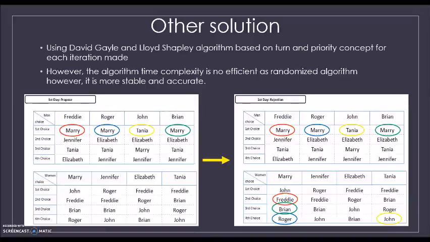So in this other solution, they don't choose randomly, but the machine will choose for them their first choice first. Then if in the first choice there is some competition and conflict, it has to be brought to another iteration like the previous algorithm. So let's see the first day of proposal.